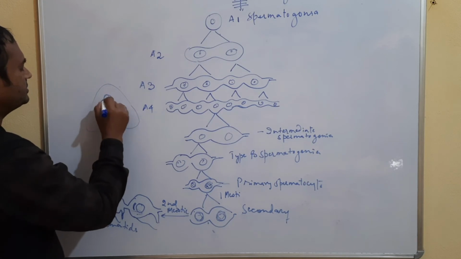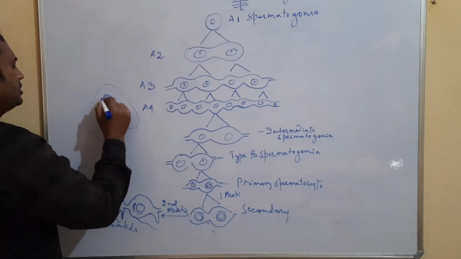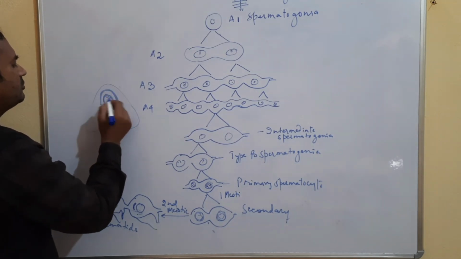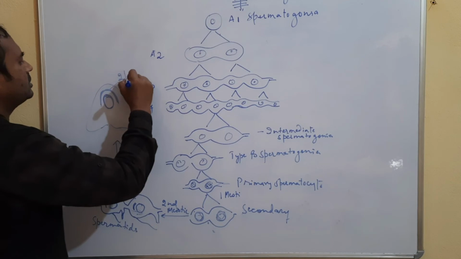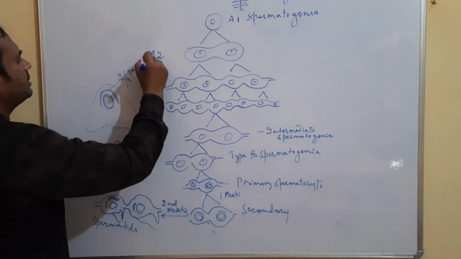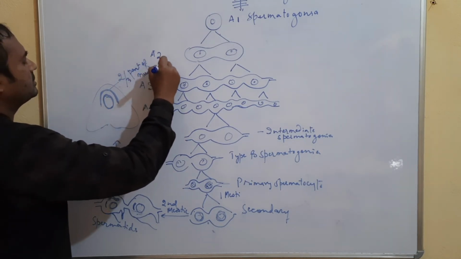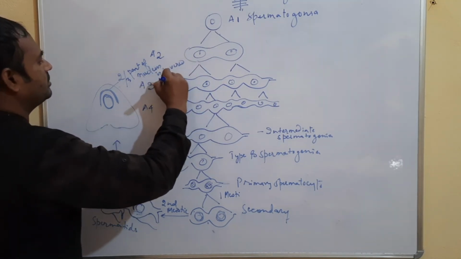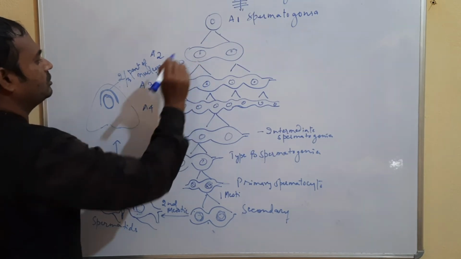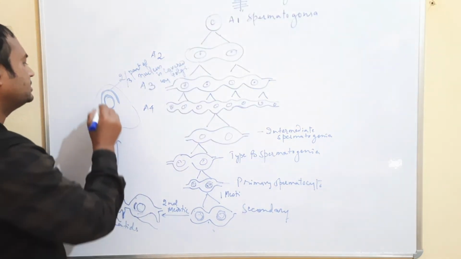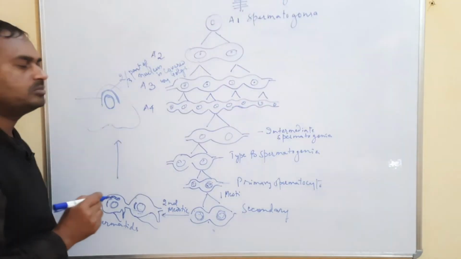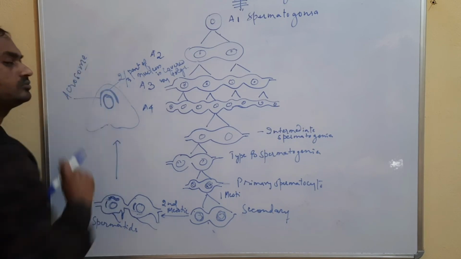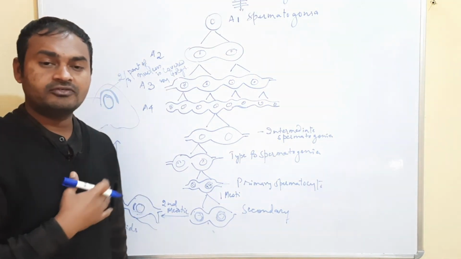So this is the nucleus. The two-thirds part of the nucleus is enveloped, covered by Golgi, and this will form the acrosome.